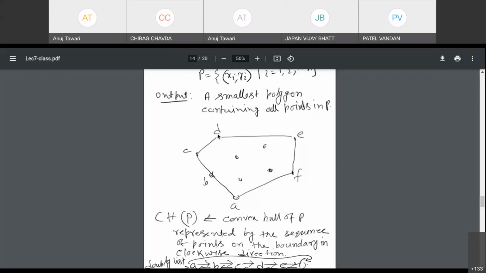Or let's just talk within this segment CD. So all the points inside are on the right side of this segment CD, and these points are outside. So how will you check whether a point is on the right side or left side of this segment CD?